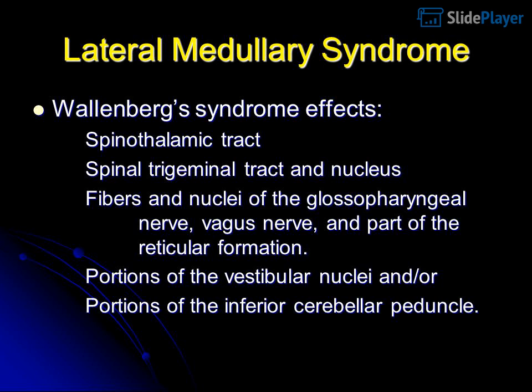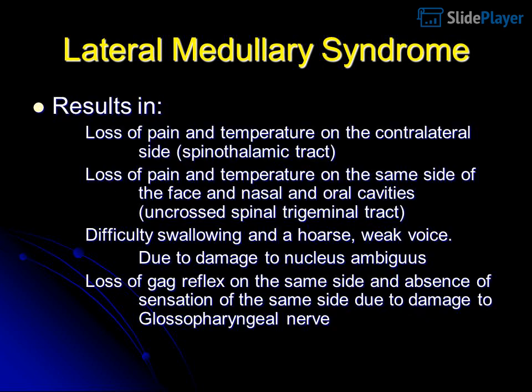Fibers and nuclei of the glossopharyngeal nerve, vagus nerve, and part of the reticular formation. Portions of the vestibular nuclei and/or portions of the inferior cerebellar peduncle. Lateral medullary syndrome results in loss of pain and temperature on the contralateral side, spinothalamic tract.